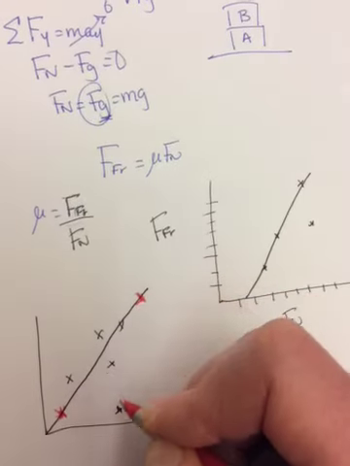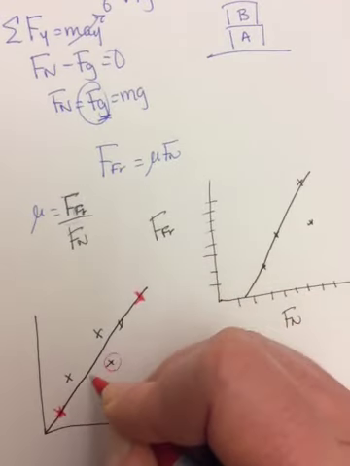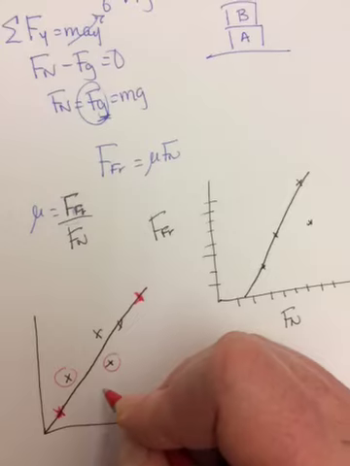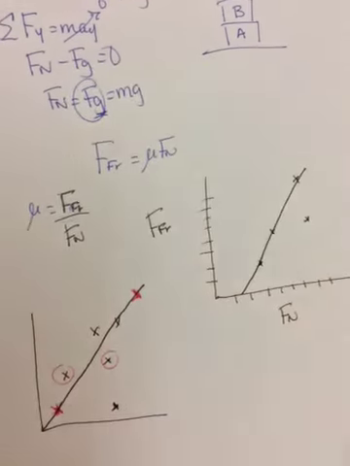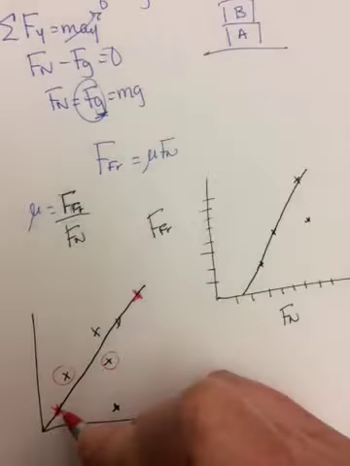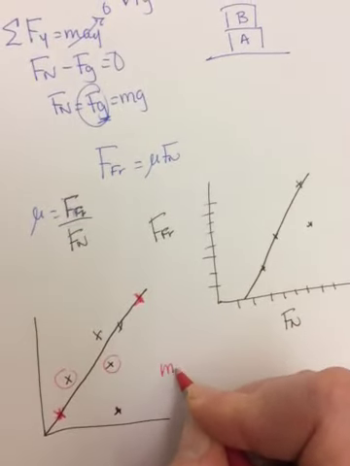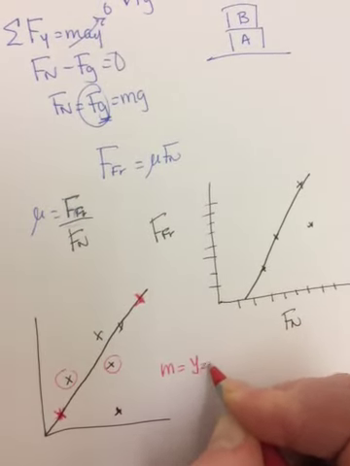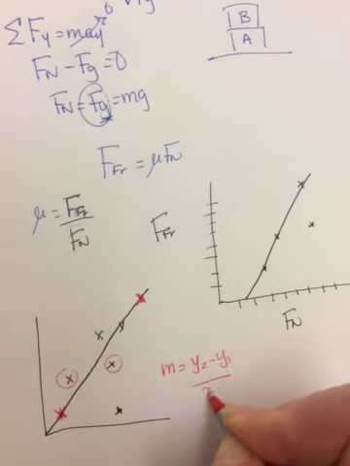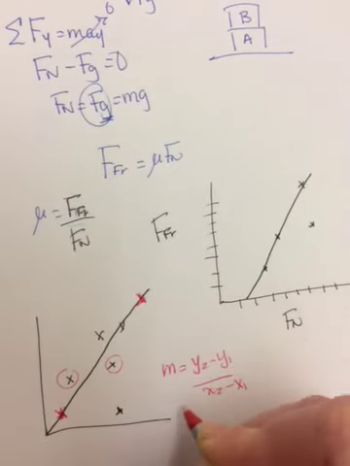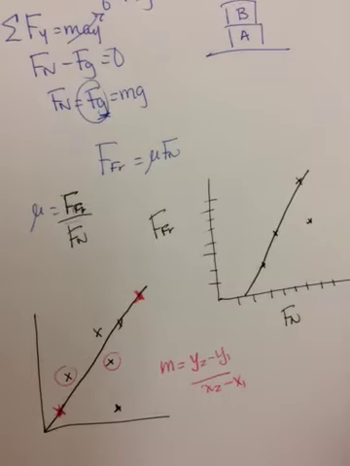Okay, so I might pick these 2 points. I certainly wouldn't pick these 2. Why? Because they're not on the line. So you'd be finding the slope of not the line. So pick 2 points that are on the line, and remember slope is y2 minus y1 over x2 minus x1. Okay, so it wants you to find the slope.